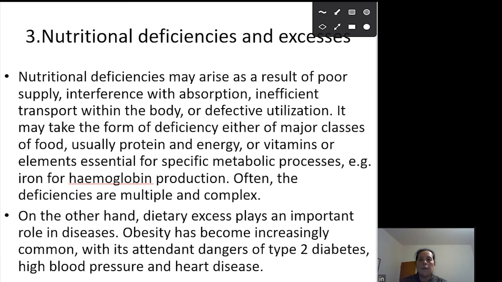So the third reason that will cause illness has a relationship with nutrition. Nutrition causing illness goes to two aspects. One aspect is deficiency. One aspect is excess.